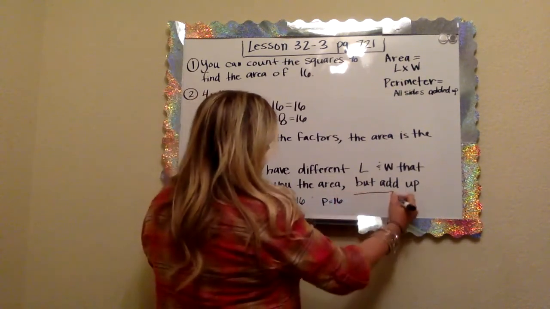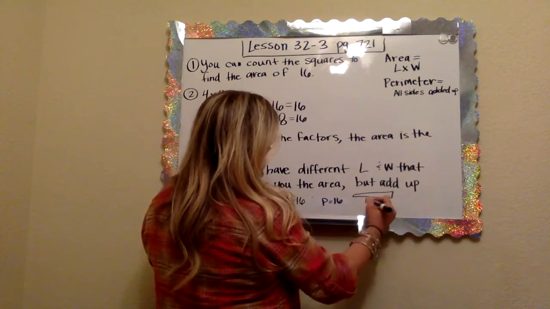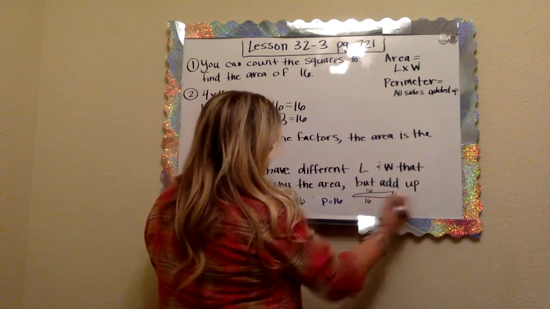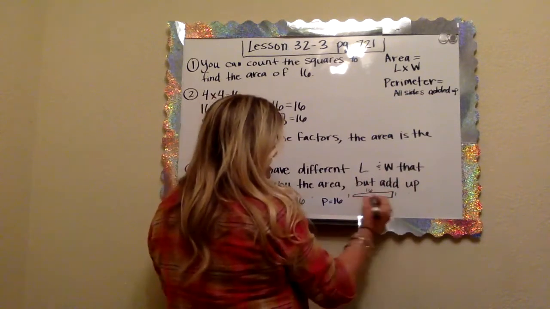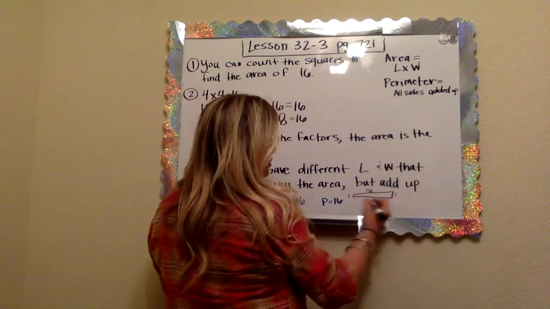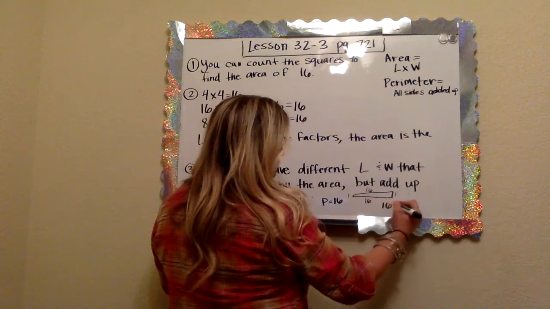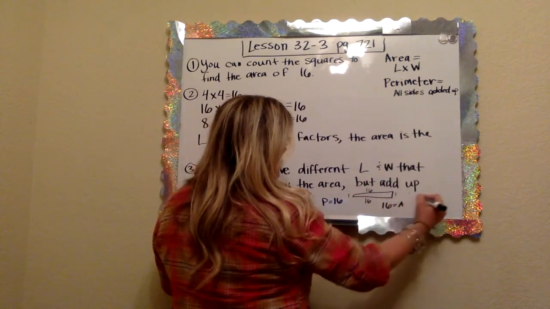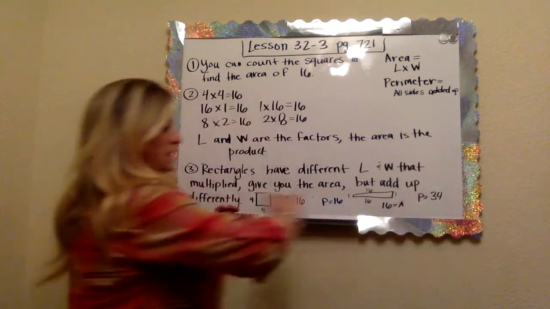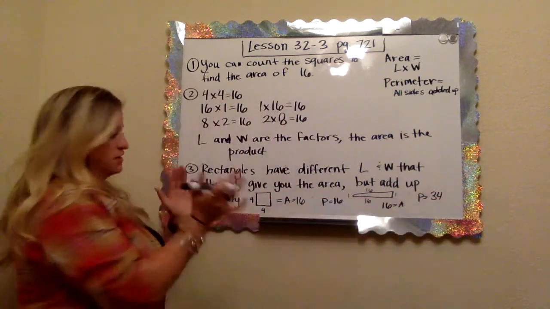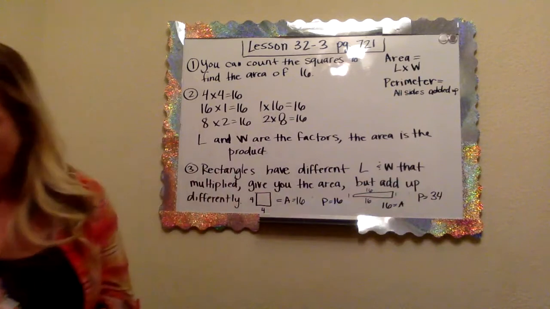However, when I did it this way, this is 16, this is 16, 1 and 1. So I have to add up all those. I still have 16 blocks. It's just going on the outside. So 16 is the area, but the perimeter was 34 because I'm laying it out instead of scrunching it up.